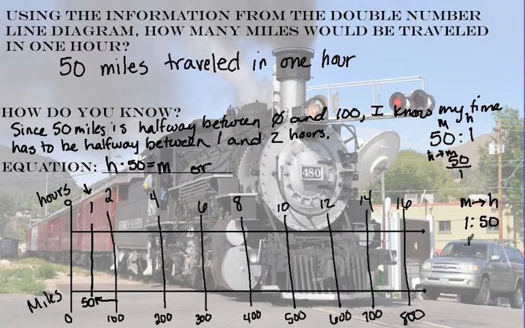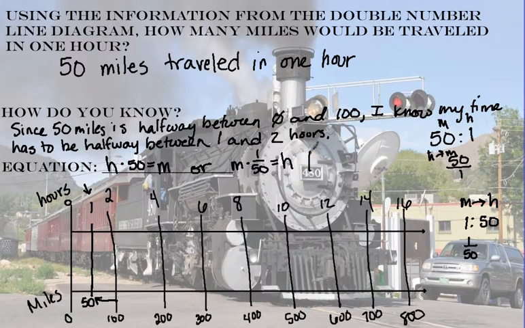I know the value here is 1/50th. So I know that if I take my number of miles, multiply it by 1 over 50, I will get my number of hours. So basically what it's saying is if I take my miles and split it up into groups of 50, that 1/50th will be my number of hours.